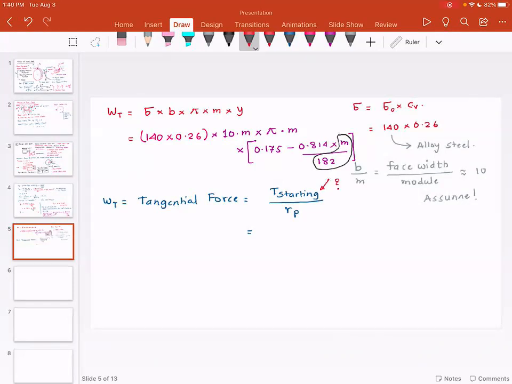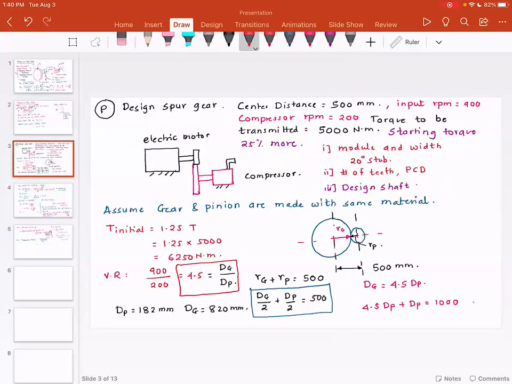For that, I'm going to go back to the gear train. So the starting torque is 5,000. Now, is this 5,000 torque the starting torque of the electric motor, or is this the starting torque of the compressor?